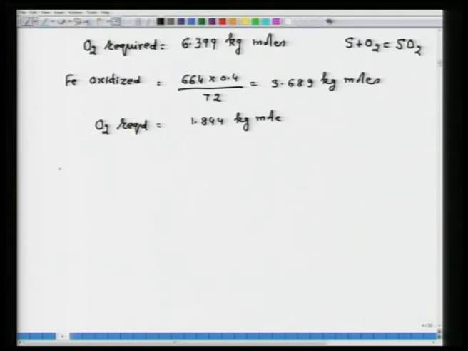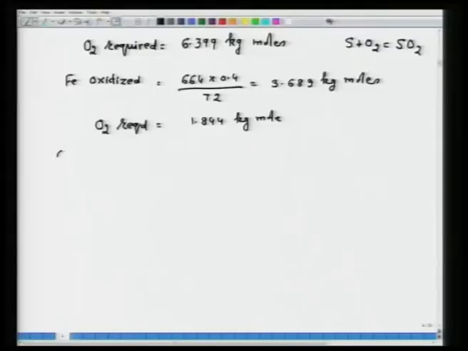So, now also the problem says some oxygen is also available from the charge, you know, you are charging Fe2O3. So, available oxygen is only from Fe2O3. You know the amount of Fe2O3 because its amount was calculated, and that oxygen will be 1.015 kg mole.